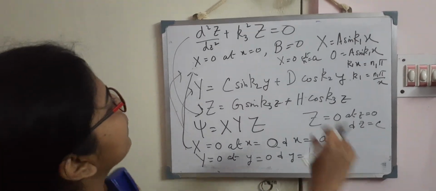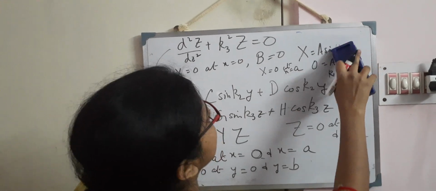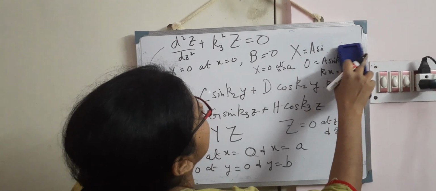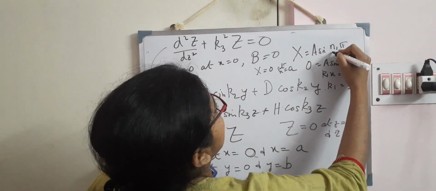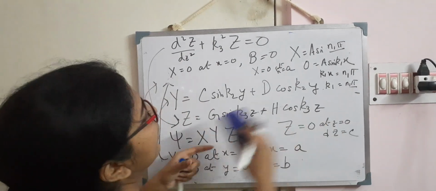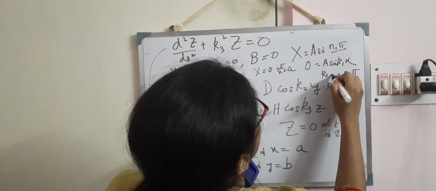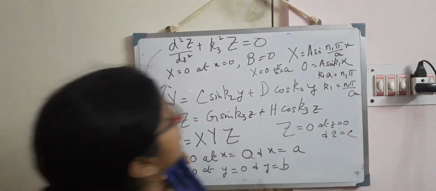So the solution of X that we get is that this k1 is replaced by n1 pi by a, into x.